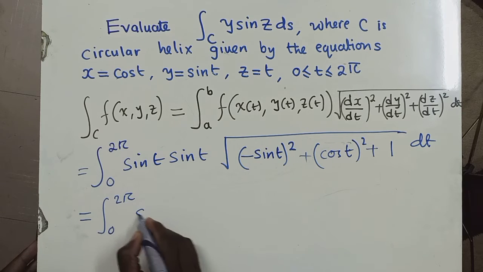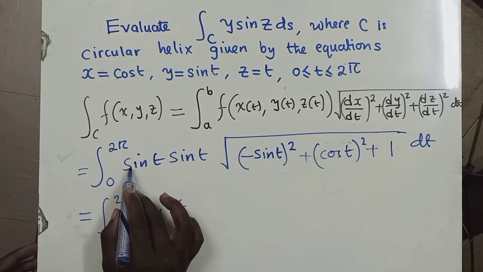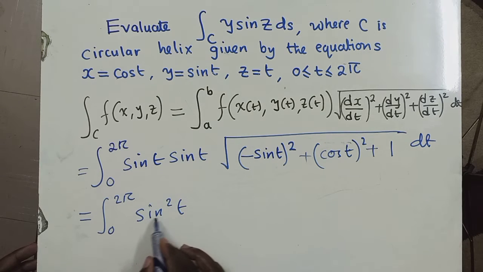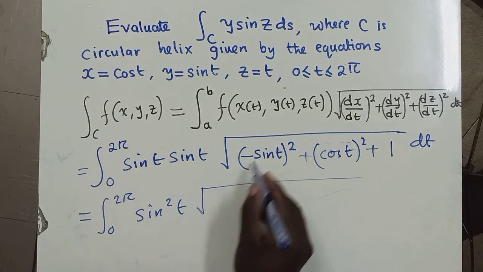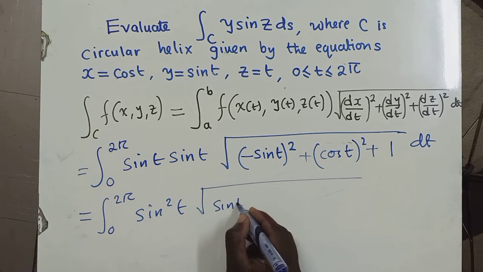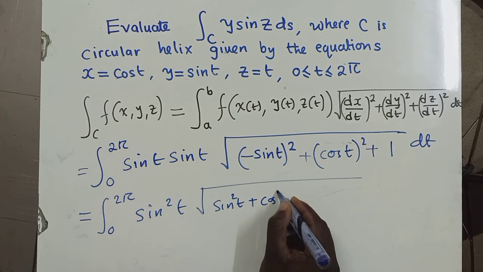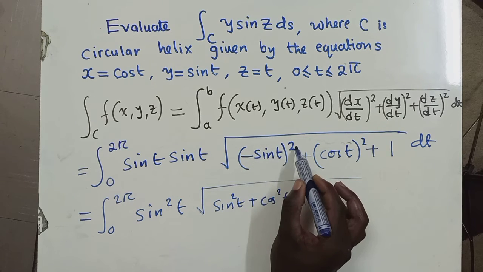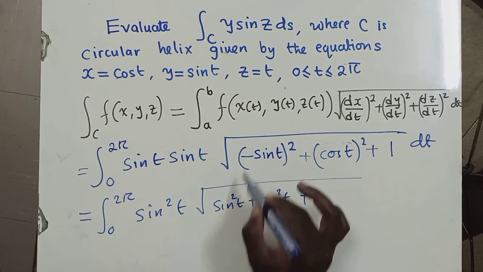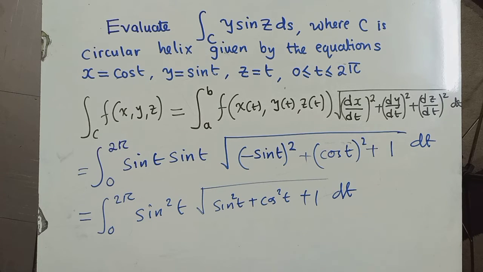Right here we have sine t squared, since sine t times sine t is sine t squared. Right here we have sine t squared plus cos t squared plus 1. Because of this power, this negative will disappear. So we have something like this, and here it will be dt.